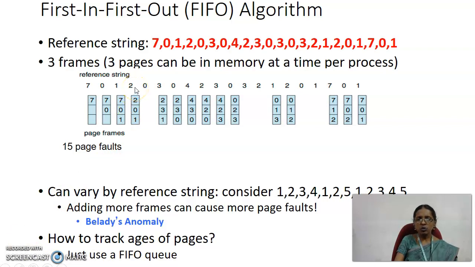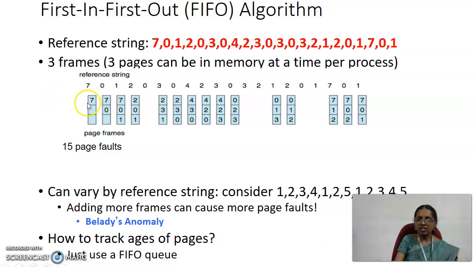Now 2 has to be placed in the main memory, but there is no free frame available. So among the 3, one frame has to be swapped out. We have to choose which one. This algorithm is First In, First Out, so whichever page came first will be swapped out.